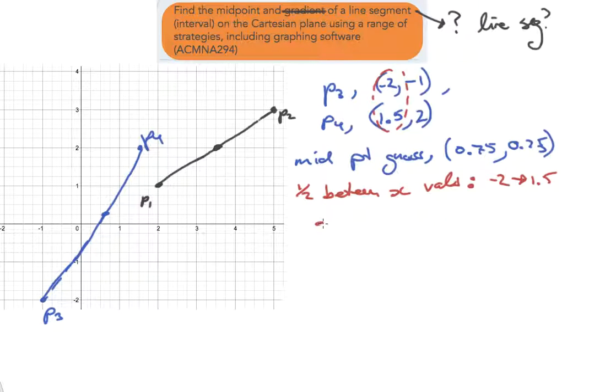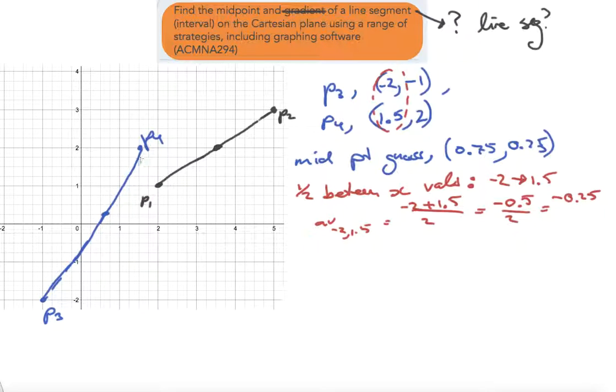So we'll just do the average. The average of negative 2 and 1.5 equals negative 2 plus 1.5 over 2. Negative 2, and then we go forwards 1, so at negative 1, then forwards another half, so that's negative 0.5 over 2, and then we have to halve that, so it's negative 0.25.